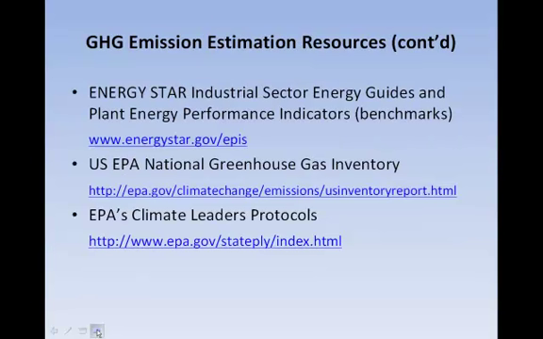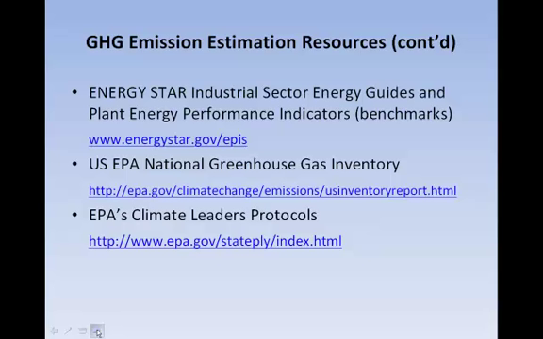Other sources of useful information for determining emissions include procedures that are created under the Energy Star program, which is a program under EPA. The methods used in EPA's National Greenhouse Gas Inventory, and the protocols adopted in the EPA Climate Leaders Initiative.